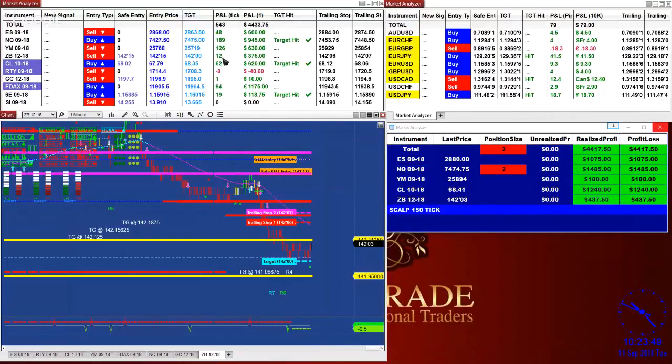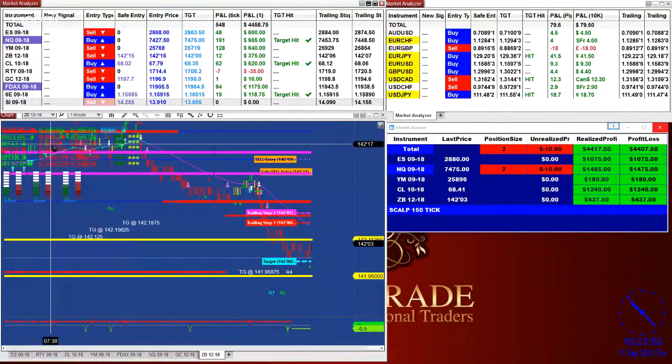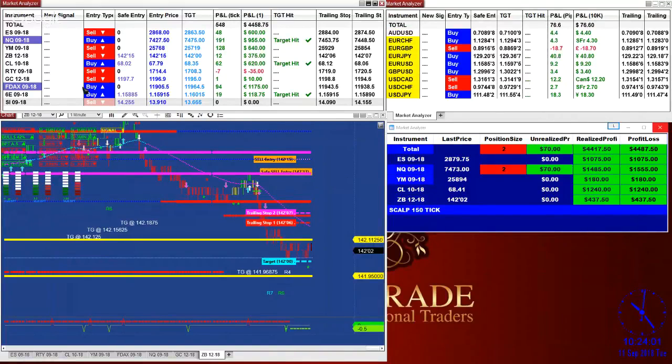For the ones who just joined us today, this is the first time. What we are doing, we are sharing our signal. You're very welcome to copy the signals. The entry signal will be in the first column, and then the direction, and then the entry and the target.